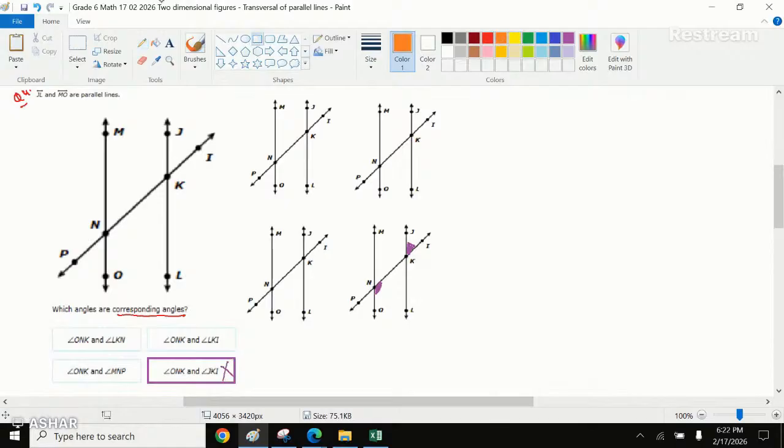Let's have a look at the second option. ONK and LKI. Are these two angles corresponding?